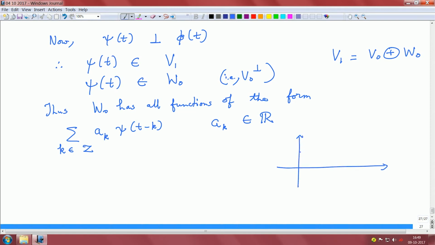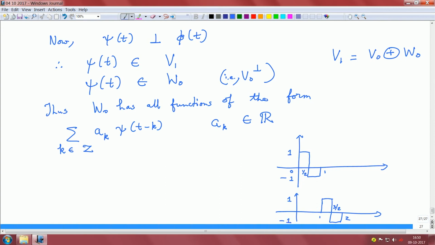So, if you have one function which is like this, 0, half and 1, and another function which is shifted by one more time step. So, this is 1 and a half, right. This is 1, this is minus 1, this is 1, this is minus 1.